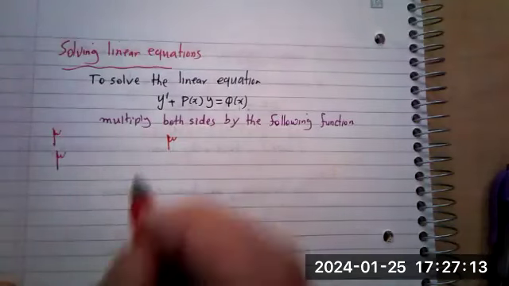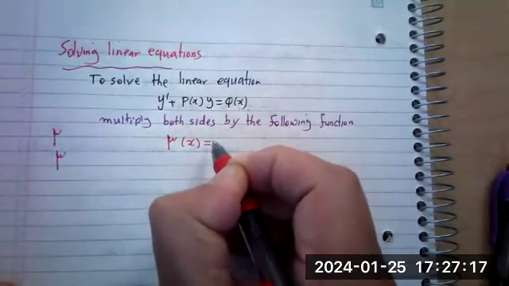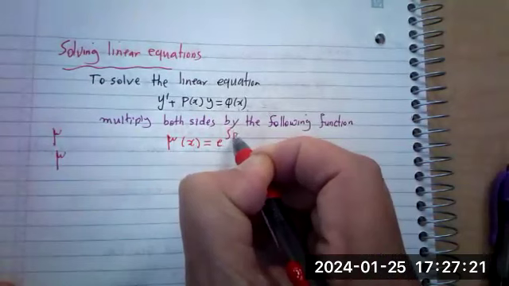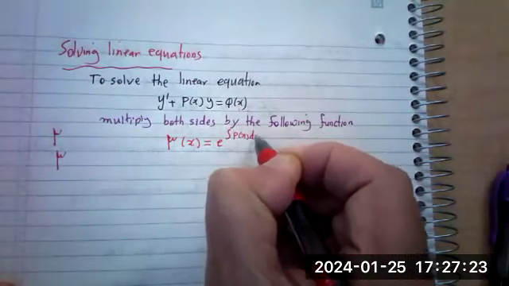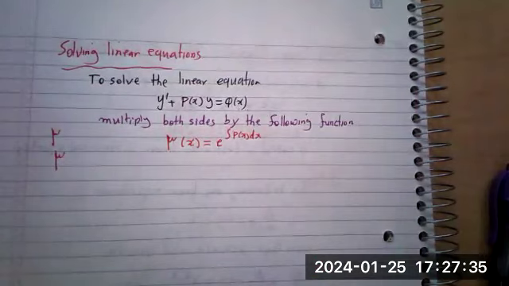You multiply both sides by mu of x, and this is the function: e to the integral of p of x dx. Remember, you already got the p of x. As soon as you get the p of x, you find the integral of p of x, then you introduce the mu. So it's easy to find the mu.